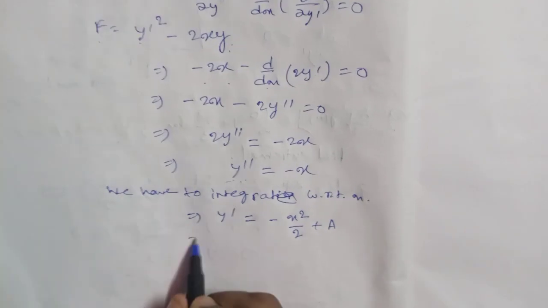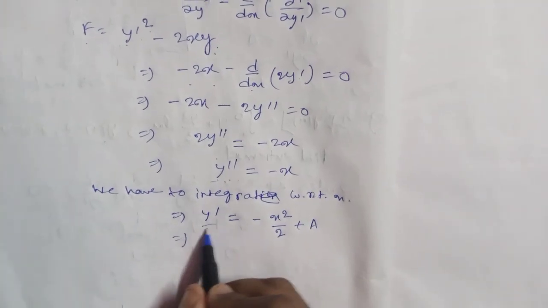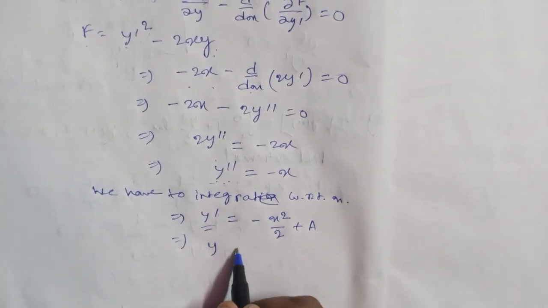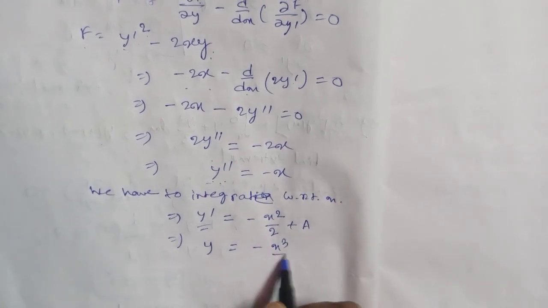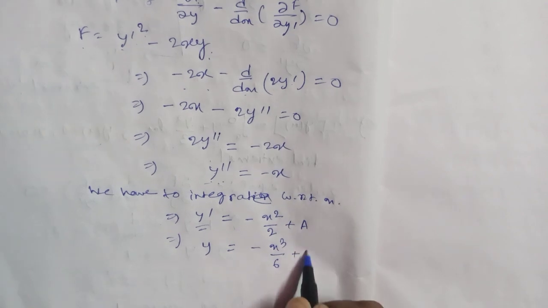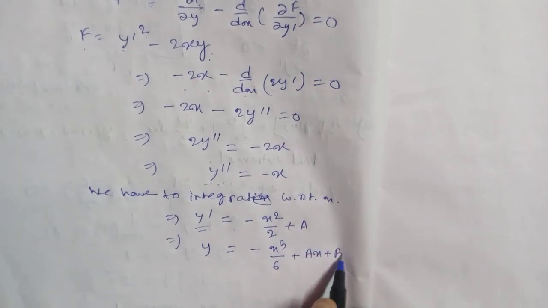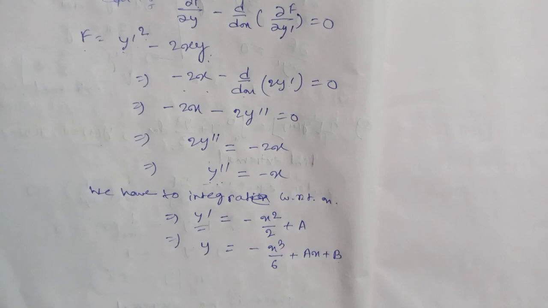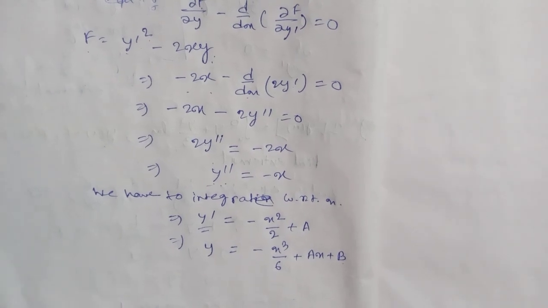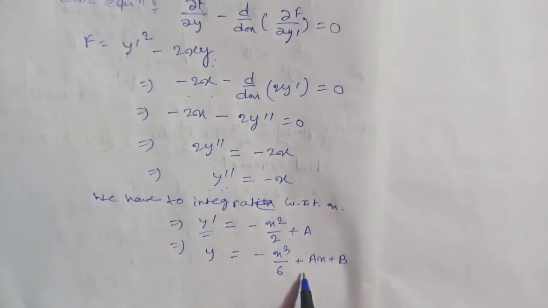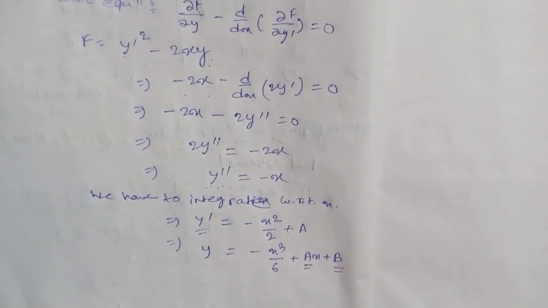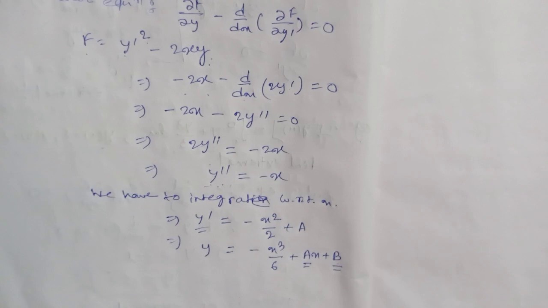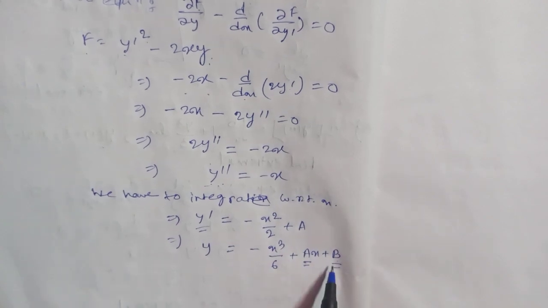Now again we have to integrate y dash. So y equal to minus x cube by 6 plus ax plus b. Again b is an integration constant, right? Now you can see there are two arbitrary constants. We have to find the value of a and the value of b.